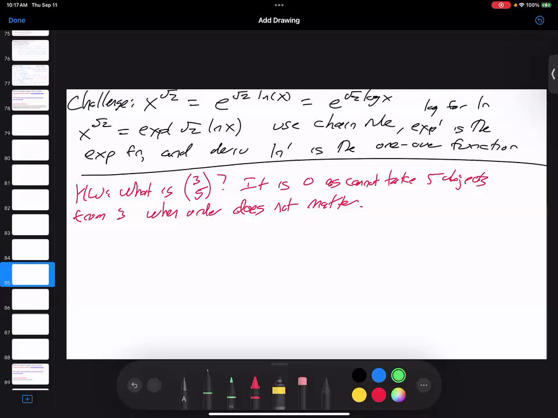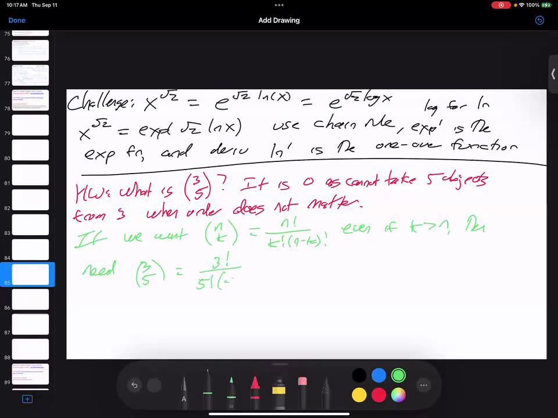But if we want n choose k to equal n factorial over k factorial n minus k factorial, even if k is greater than n, then we would need 3 choose 5, which is 3 factorial over 5 factorial negative 2 factorial to equal 0, or 6 over 120 times negative 2 factorial to be 0.